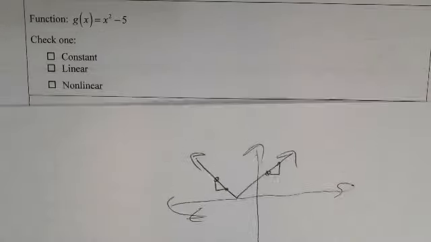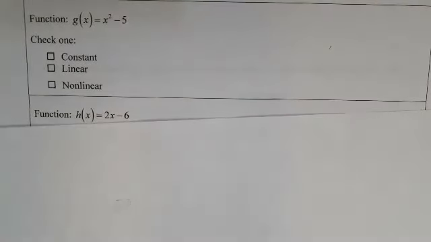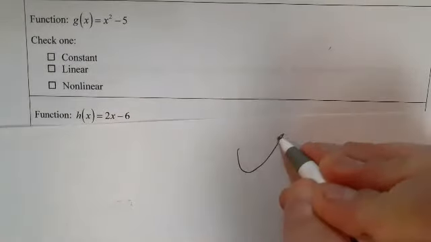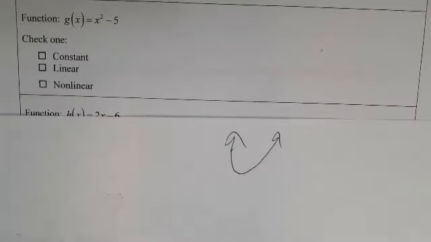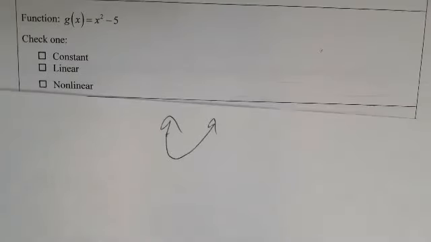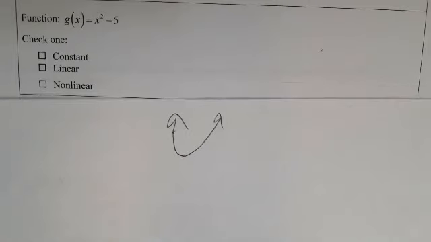Now we're looking at x squared minus 5. Is it constant? Is it linear? Is it nonlinear? So a square function, this looks like a parabola, if we're just moving it down 5 units is one way that you can think about it. But we haven't gotten there yet. The more important thing is to know that this makes a parabola.